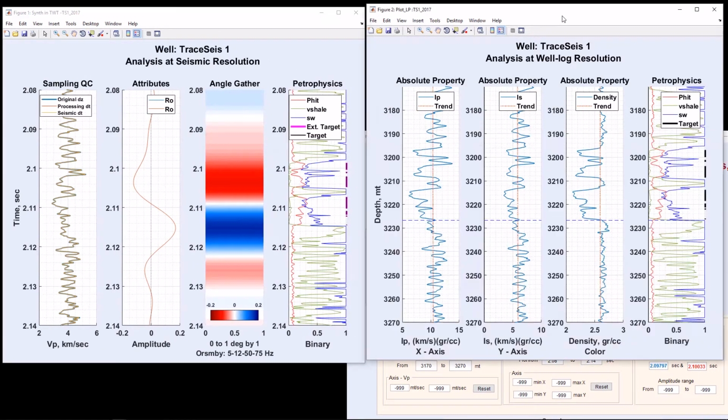And now we see that the top of the reservoir does not correspond to the lowest value of the trough, although the base of the reservoir does correspond to the peak.